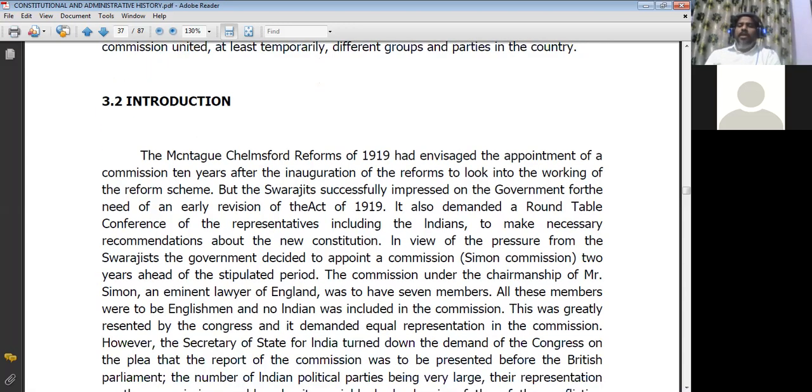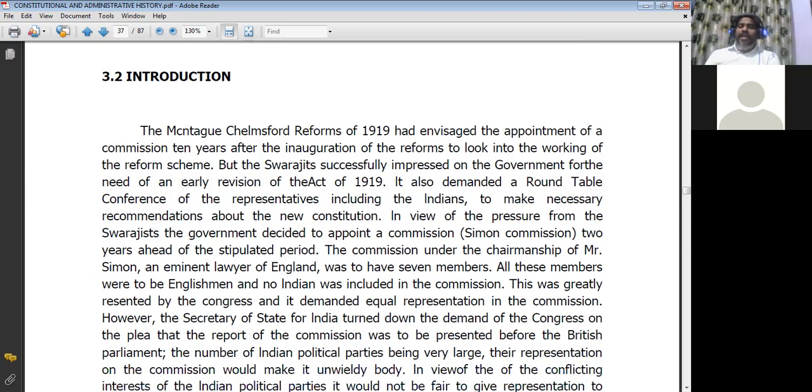The commission, under the chairmanship of Mr. Simon, an eminent lawyer of England, was to have 7 members. All these members were to be Englishmen, and no Indian was included in the commission. This was greatly resented by the Congress, which demanded equal representation in the commission.